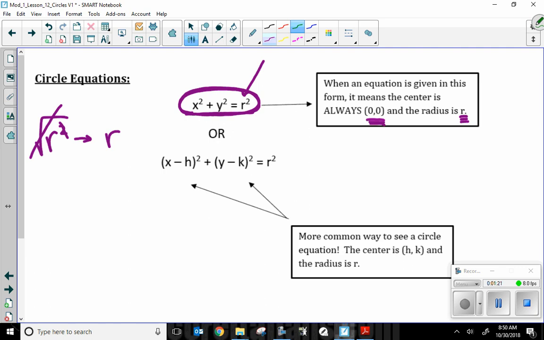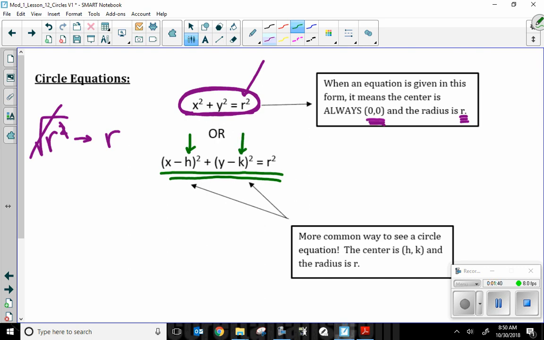Now, more times than not, you're going to see a problem written like this. Just like the vertex form of a parabola, where the vertex was h and k, the center of the circle is also h and k.